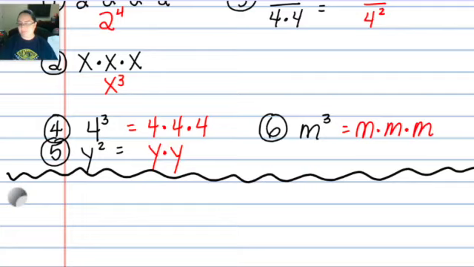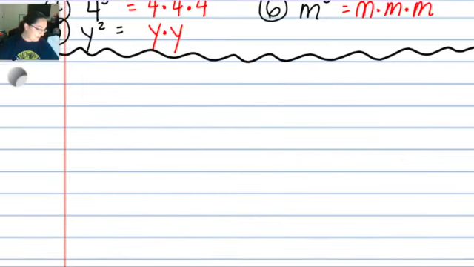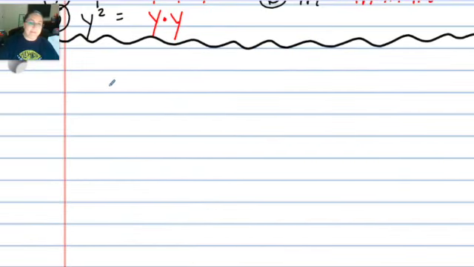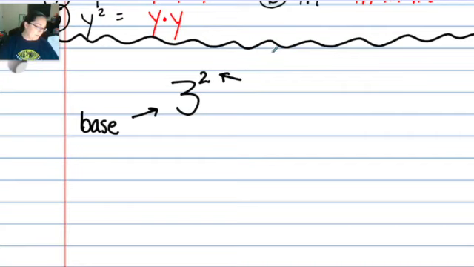Okay, let's move on to the next part. Squiggly line. Okay, so here's some more basics. If you have 3 to the 2nd power, you need to know each part and what it's called. For example, the 3 here is called the base, and the 2 is called the exponent. So we're going to write this.